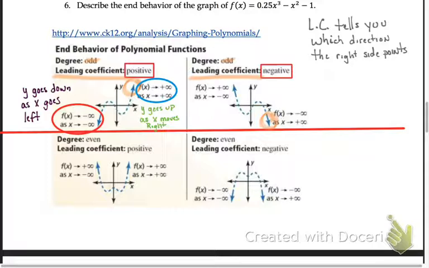So then, how would I write this one here in terms of words? The one that's in the box over on the right side. What is y doing? Y goes up. Don't use increases, because we'll talk about increasing and decreasing later. So y goes up as x moves left.